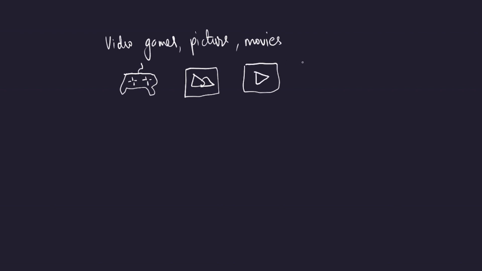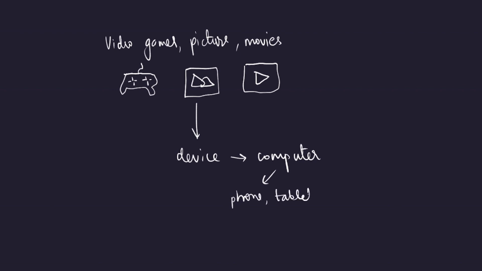So you have all these things and this will go on your device. Your device is basically a computer, which can be your phone, tablet, PC, and there are a lot of things now.